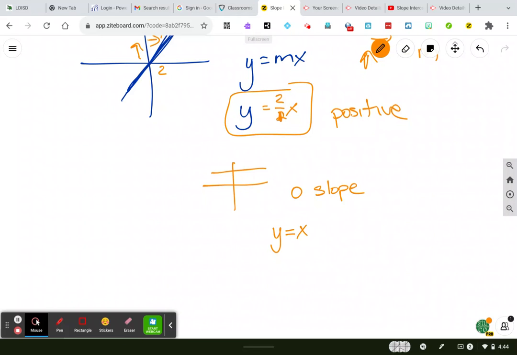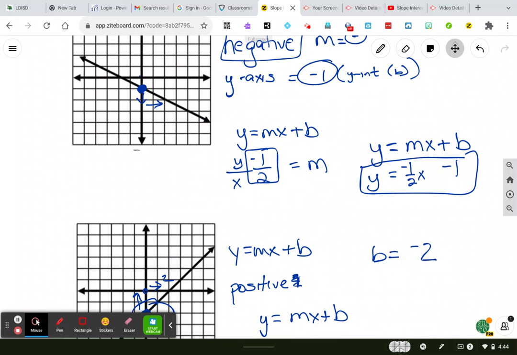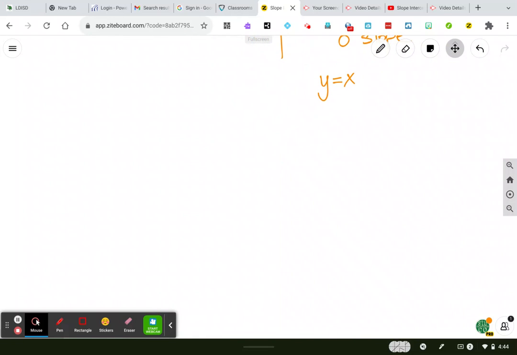So what you're going to be doing for this paper is I want you to go through, explore, and figure out what these equations are for each one of these graphs. Write if it's positive or negative. So let me write that down. I want you to go through each graph.